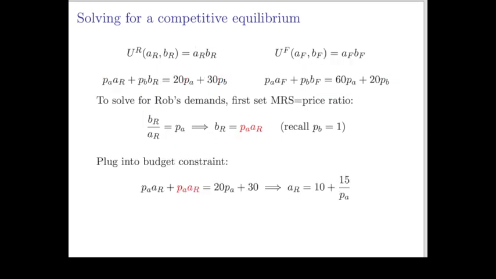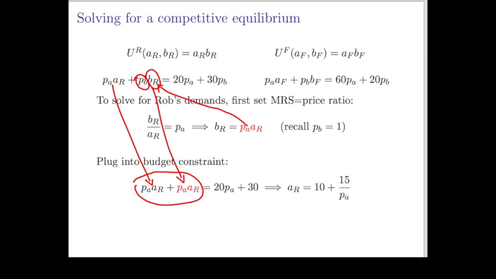Well, what we can do is plug this into his budget constraint. Right? So instead of BR, we know that that has to be equal to PA times AR. But PB, remember, is 1. So PB times BR is just PA times AR. So we have here PA times AR plus PA times AR has to equal the right-hand side of this budget equation.